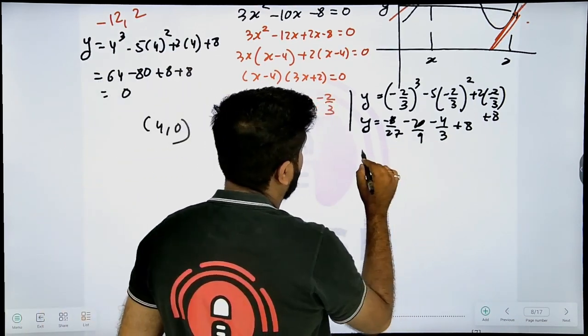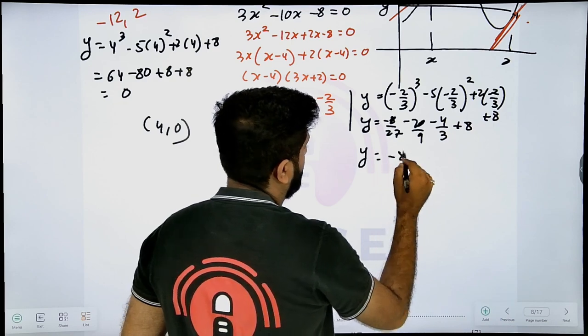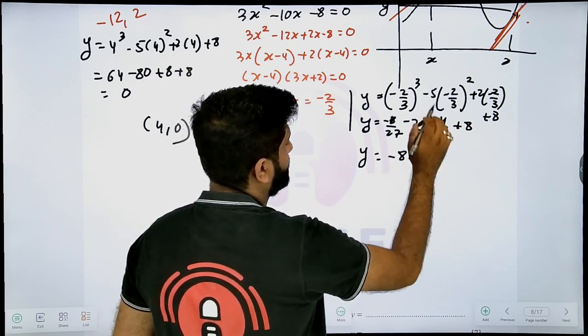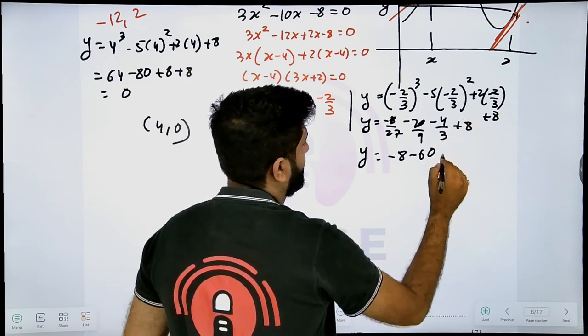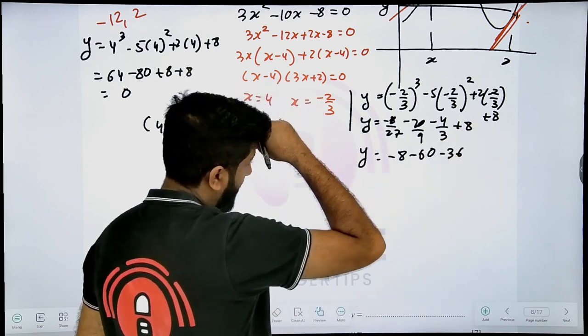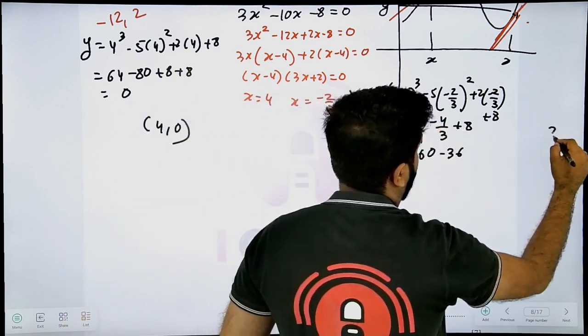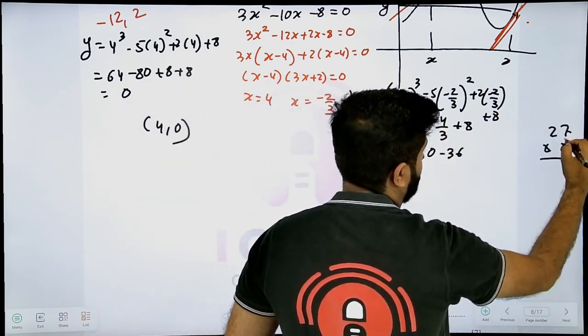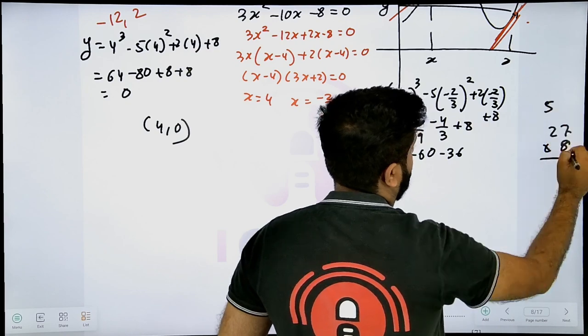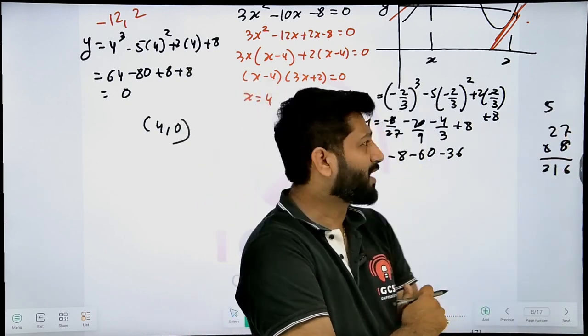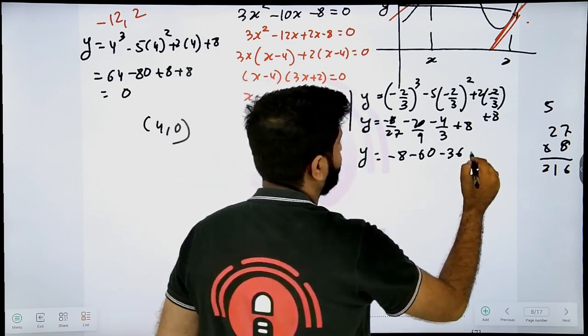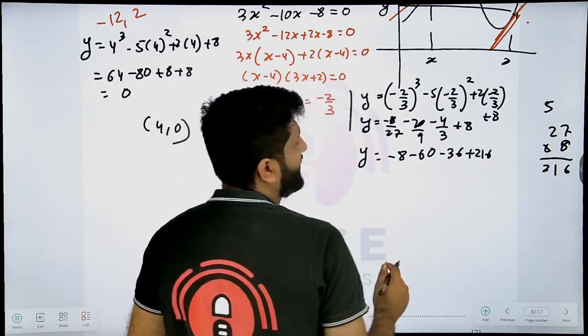The LCM is supposed to be 27, so you have y as minus 8, then minus 20 into 3 is negative 60, then minus 4 into 9 is negative 36, and then you have 27 times 8. 8 sevens are 56, 8 twos are 16, 16 plus 5 is 21, so you have 216, so plus 216.